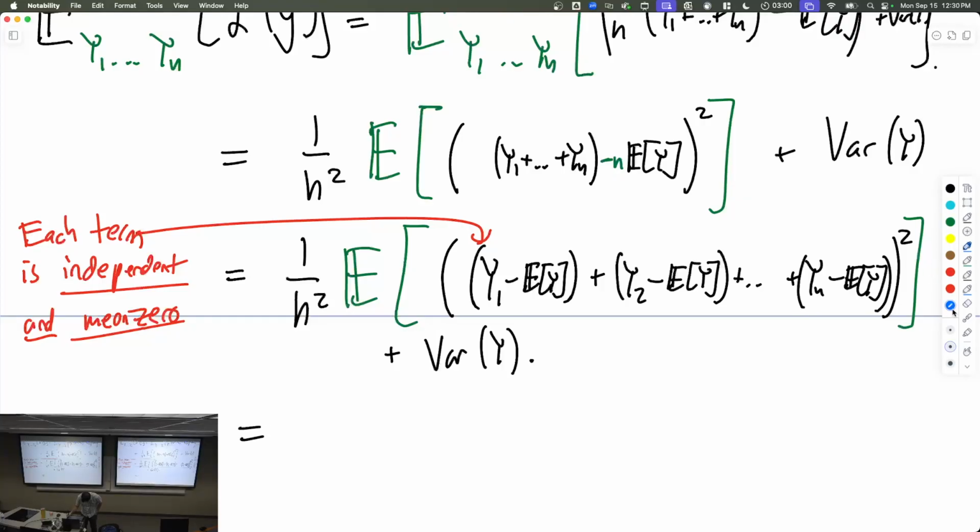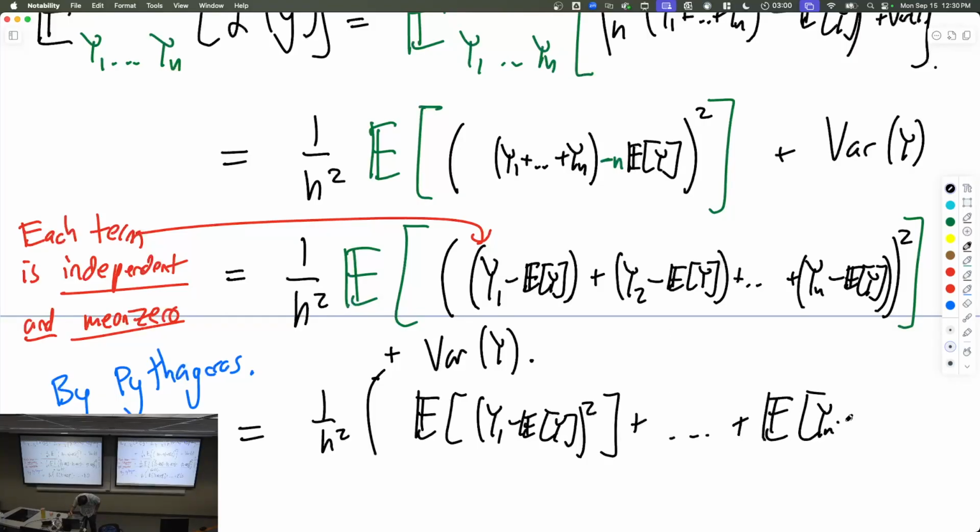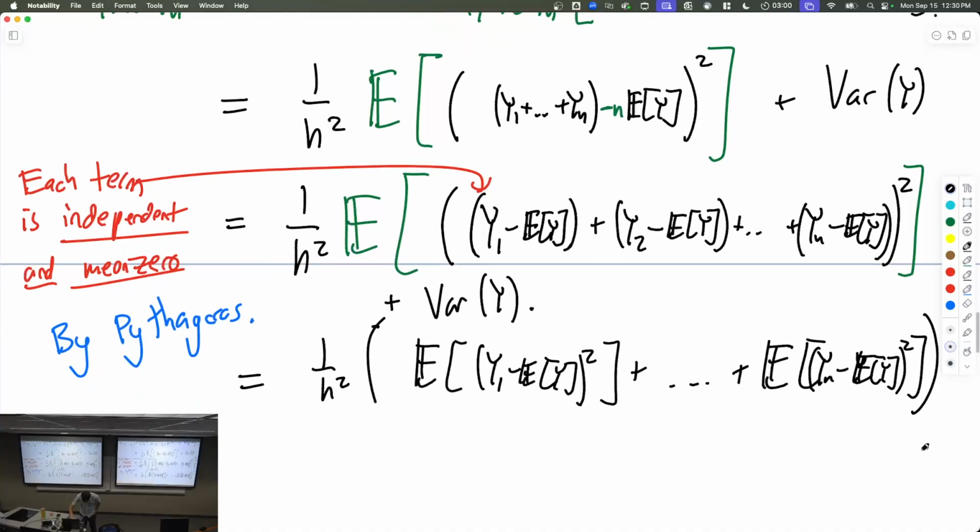So by Pythagoras, one over n squared, and then it's going to be a big sum of individual things squared. So y1 minus the expected value of y all squared plus dot dot dot plus yn minus the expected value of y all squared plus the variance.